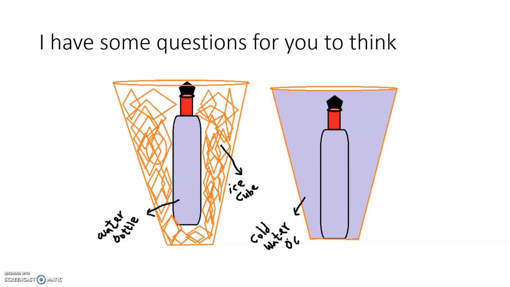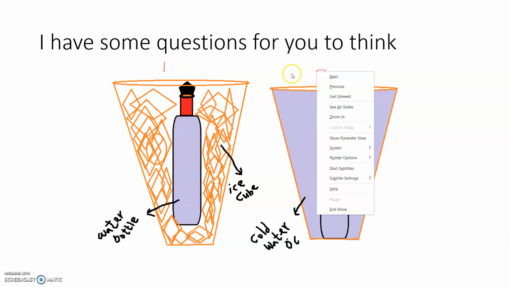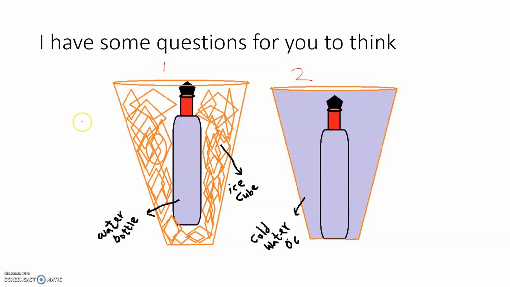The question is, there are two containers here, container number 1 and container number 2. The first container is filled with ice cubes at 0 degrees Celsius, and the second container is filled with cold water. The temperature is also 0 degrees Celsius.